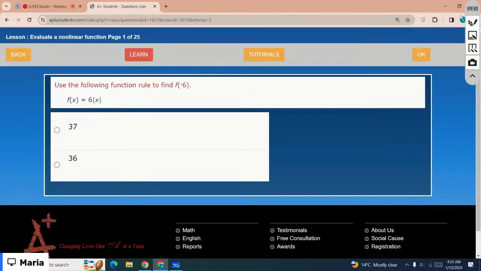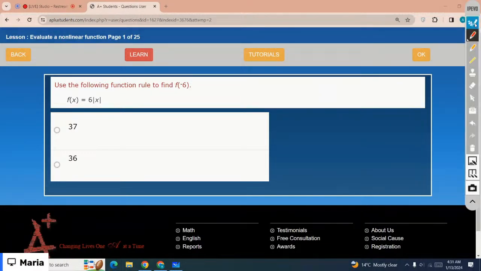Okay, you are given the function, and this is the absolute value of x, right? Absolute value means all the positive values. So here you have negative 6. The absolute value would be positive 6. So that is 6 times 6, and the correct option is 36. Got it?